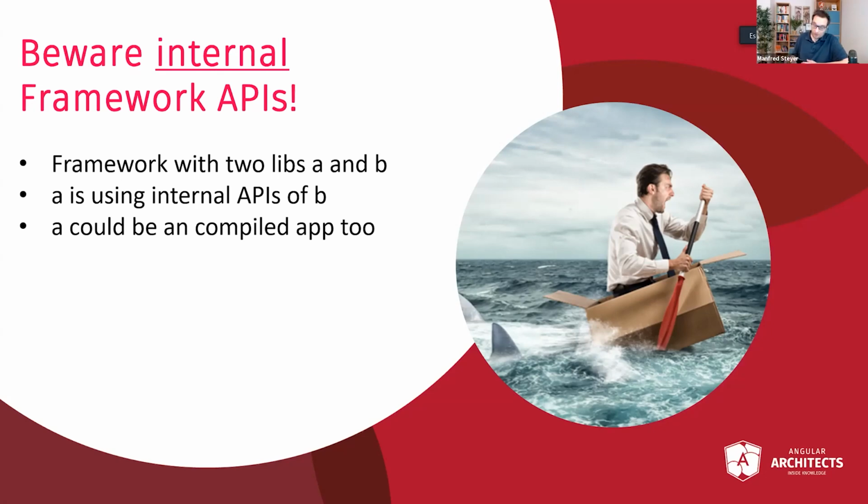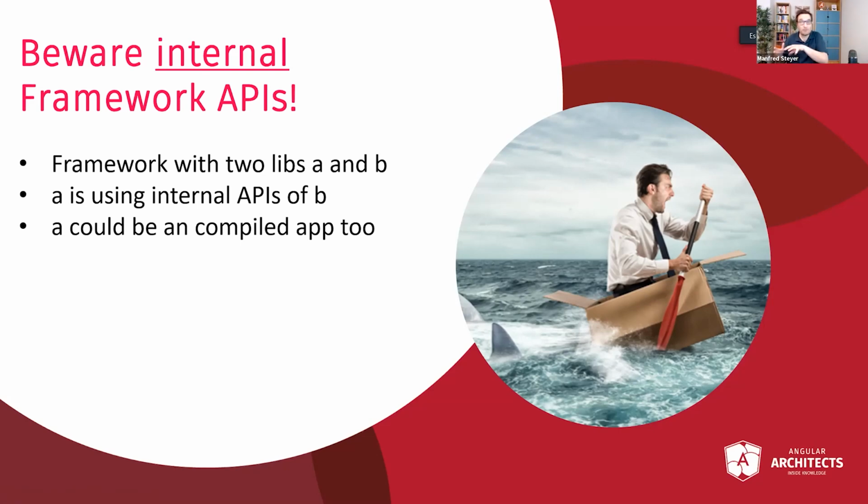And this issue also occurs if your framework comes with a compiler, which is quite common nowadays, isn't it? All the new frameworks have a compiler. In this case, A could also be your application. Because what happens if you compile your application with your framework compiler? In this case, the resulting source code might access internal APIs of your framework.